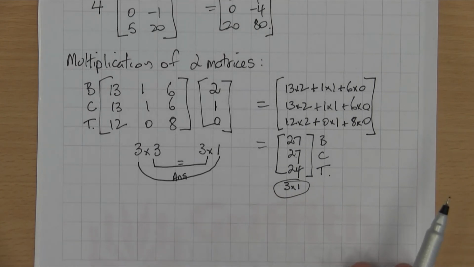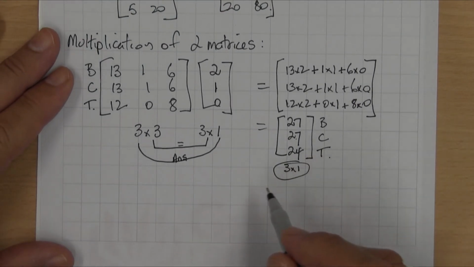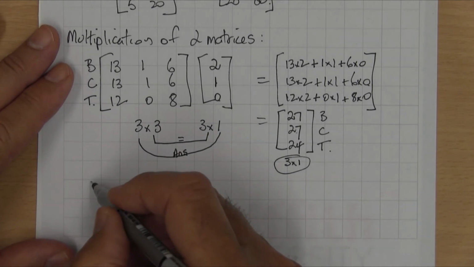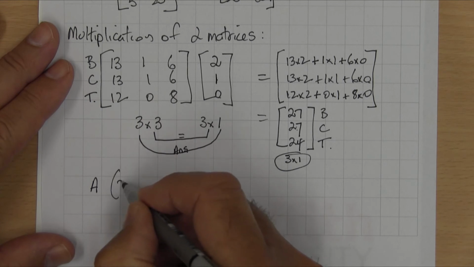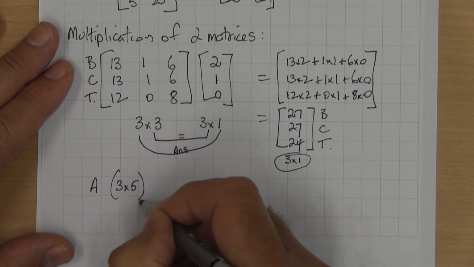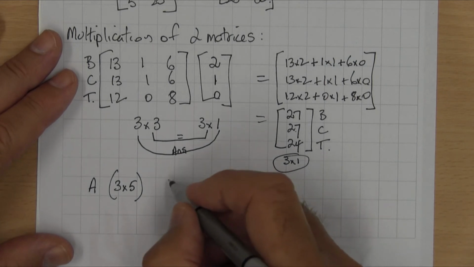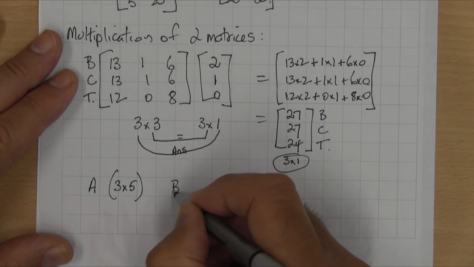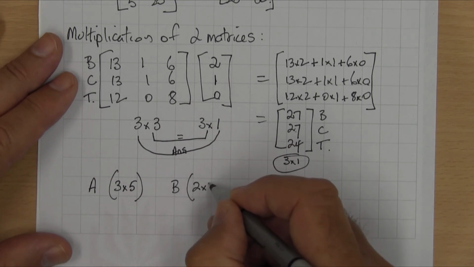So just summing up, if you had matrix A, which was say a 3 by 5, and matrix B, say was a 2 by 3.